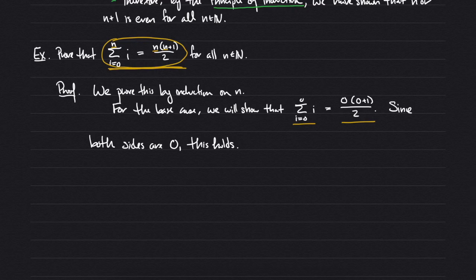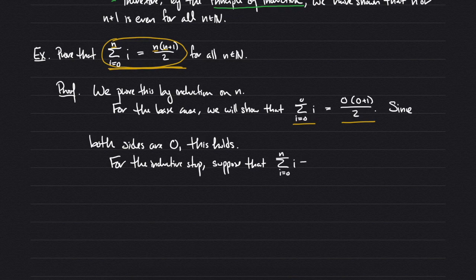Okay, so now we have to do the inductive step, which is always, or well, not always, but usually the harder one. So for the inductive step, we're going to consider an n in N, and we're going to suppose that if we sum up every number from 0 to n, then that equals n times n plus 1 over 2.